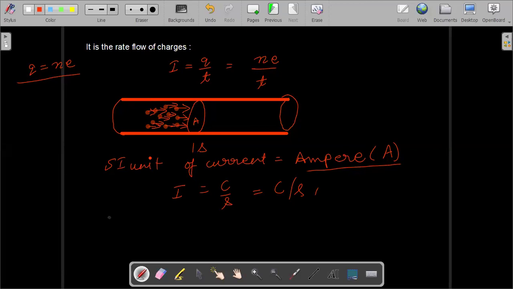Now other units can be used, like somewhere you can use milliampere also. If there is a small current, you can use milliampere, which is equal to 10 to the power minus 3 ampere. You can also use a microampere. So 1 microampere is equal to 10 to the power minus 6 ampere.